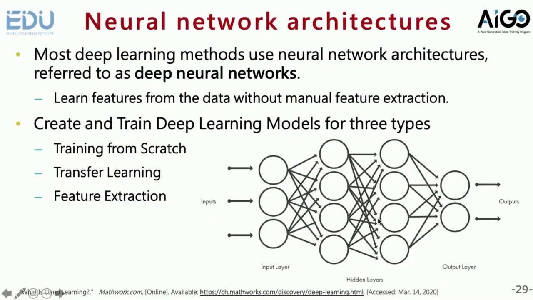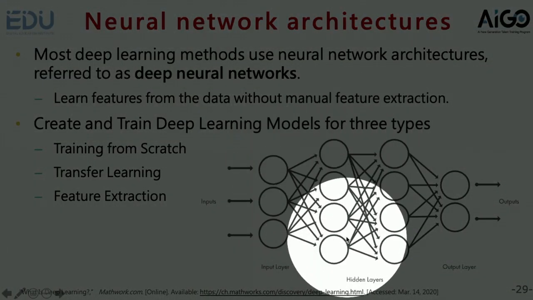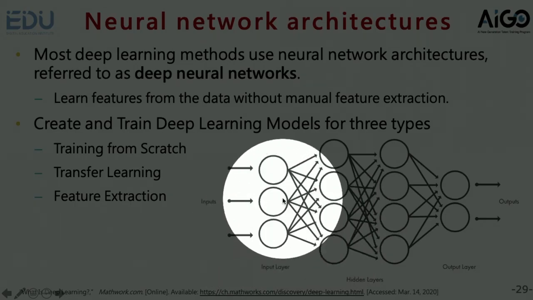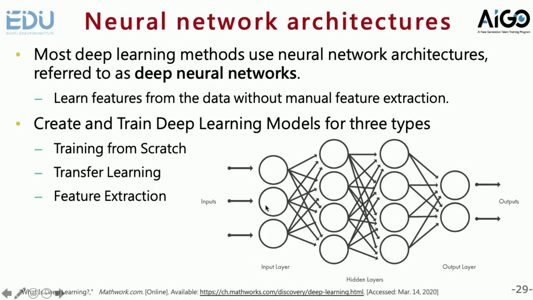For a neural network, we have input layers, hidden layers, and output layers. All the nodes here are connected to each other. Then every neuron can produce an output based on the input and the activation functions.